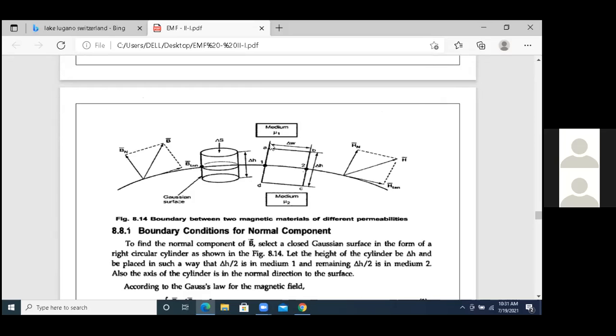So here, let us select this closed surface. From A to B, from A to B to C to D, back to A. So this is your closed loop.